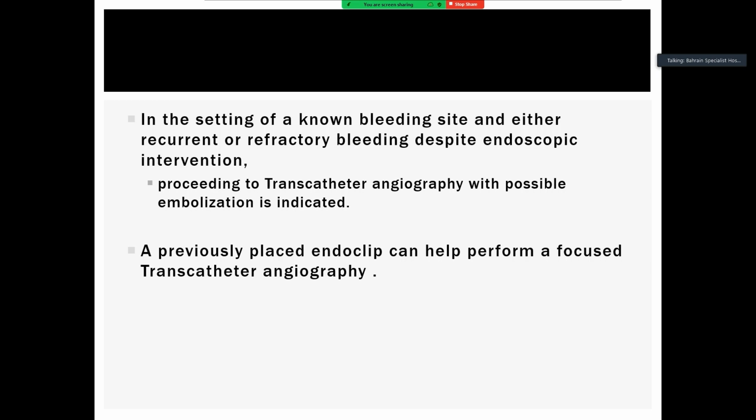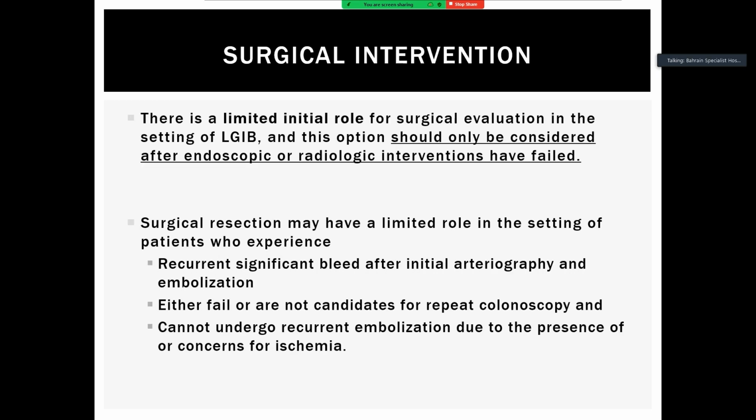In cases where endoscopic intervention was performed before, the clip we have placed usually becomes the focal point for the angiography. So it will help the interventional radiologist, if the facility is available, to target that area for angiography and perform the embolization. Surgery is not the indication for a primary GI bleed, and it should only be considered when endoscopy and radiological intervention have failed, which we usually follow.